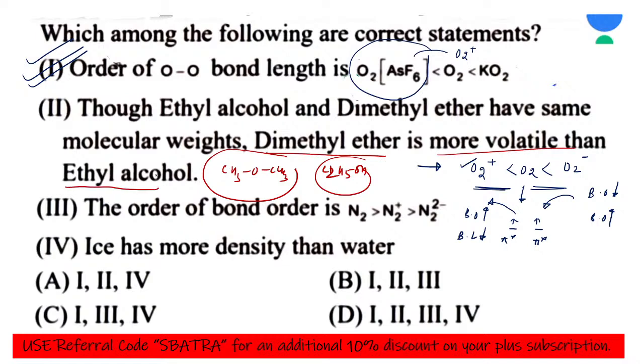So what's the reason for this concept? Although this is a very elementary, very basic question, still, why is dimethyl ether more volatile than ethyl alcohol? If you think this option is correct, then please justify this option.